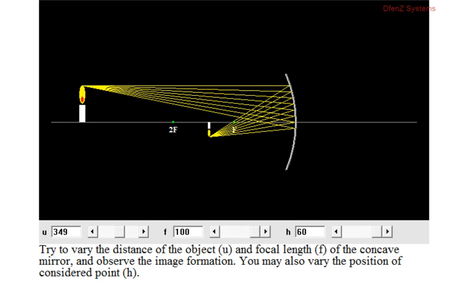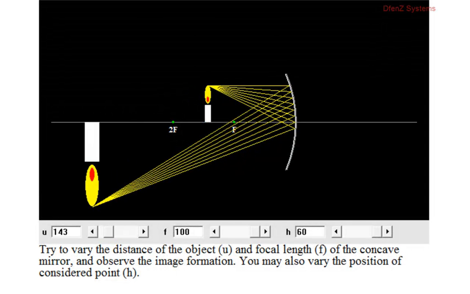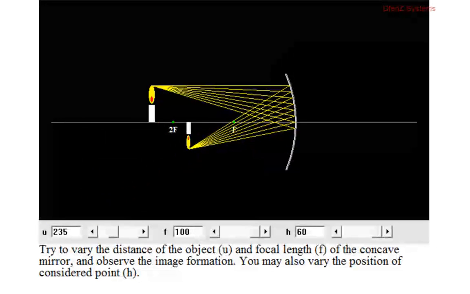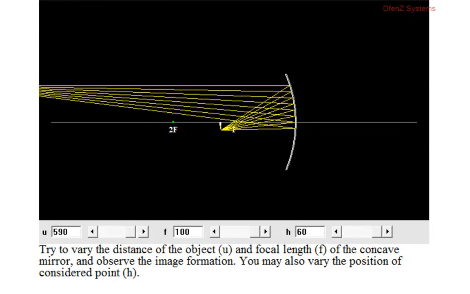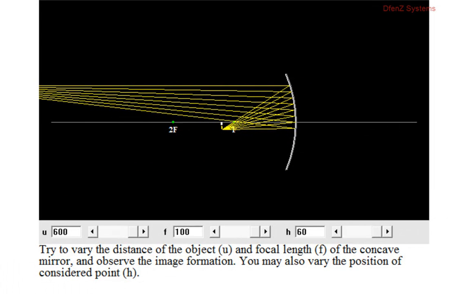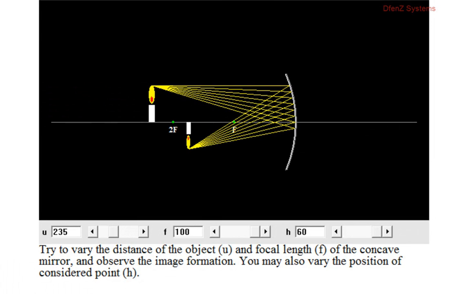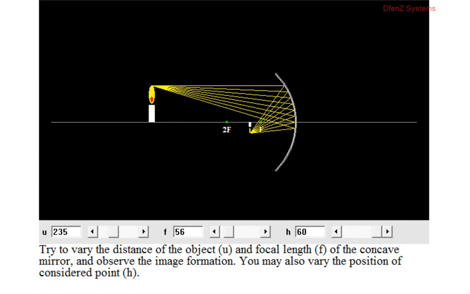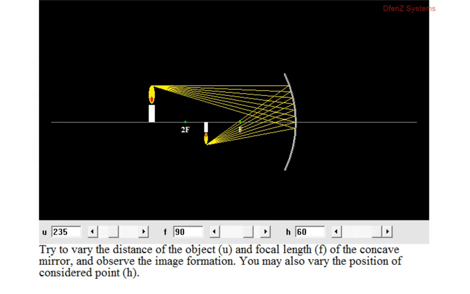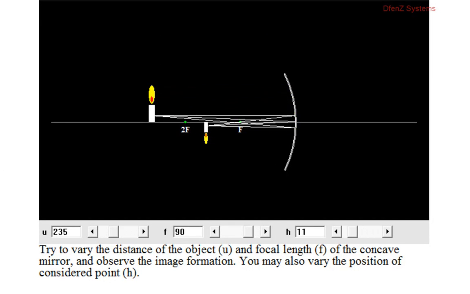See, as we move, see where the image is coming up. You can change the curvature, that is the focus, and also the position of consideration.